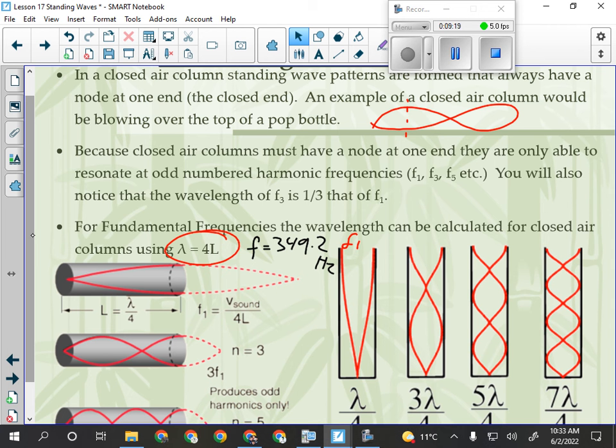Isn't this supposed to be about air columns? All air and water, fluids. It's true, but I'm actually going to use the water as my closed end. It's going to reflect off the water, right? But I have to have my tube full first.